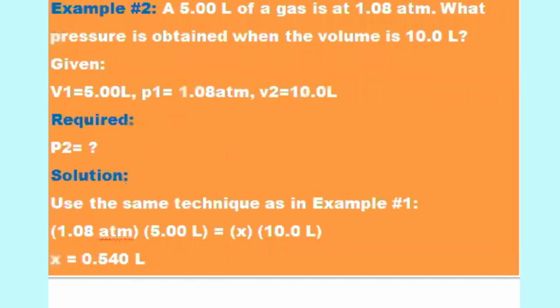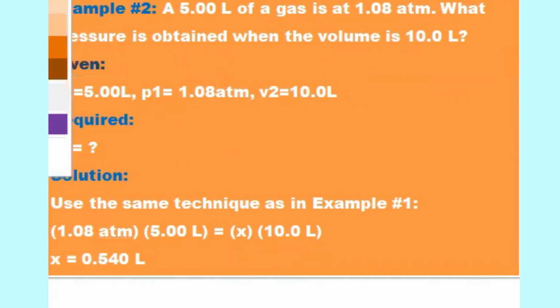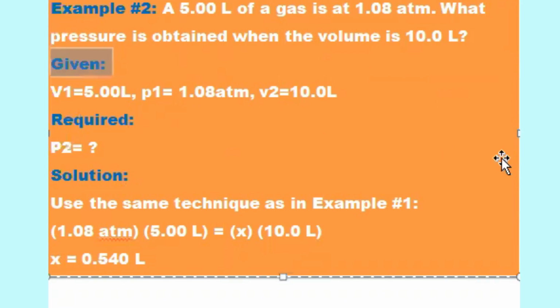The second example, a 5 liter volume of a gas is at 1.08 atmosphere. What pressure is obtained when the volume is 10.0 liter? How can we calculate the P2? Okay. First, identify what the given values are.